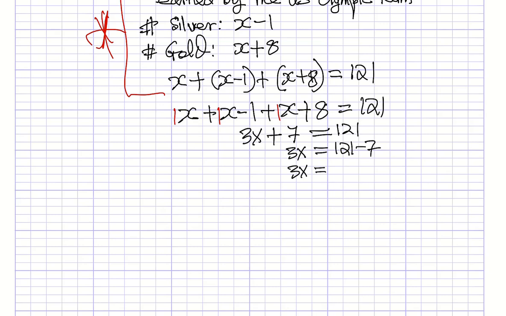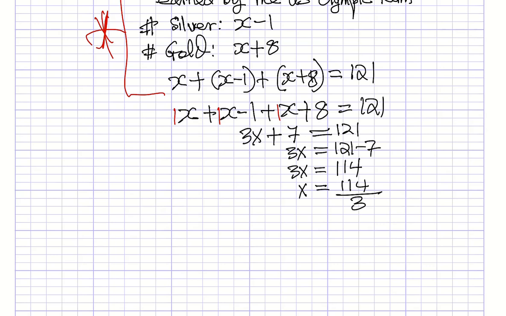What do you get? You get 114. Once you get 114, you get rid of 3 on the left side. You divide, so x is equal to 114 divided by 3. Okay?